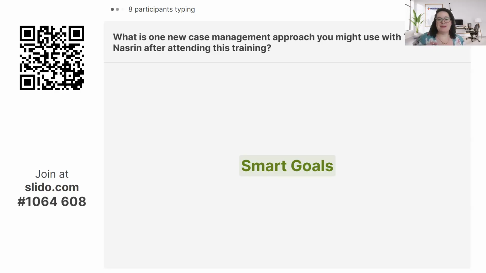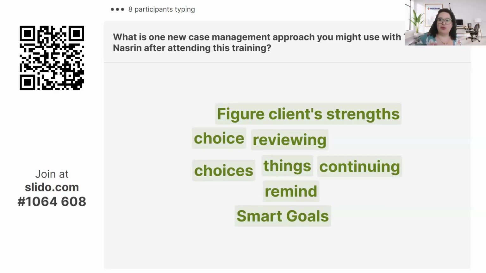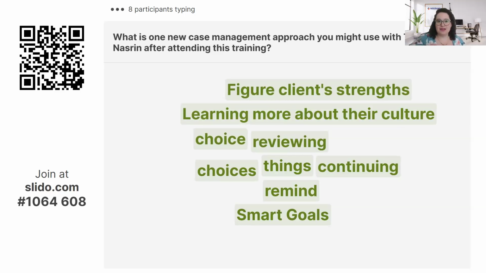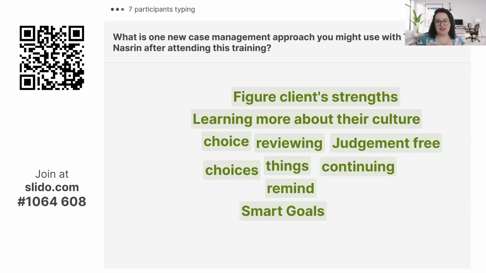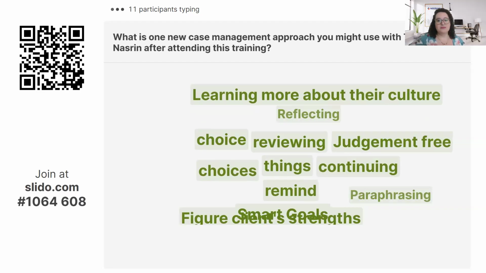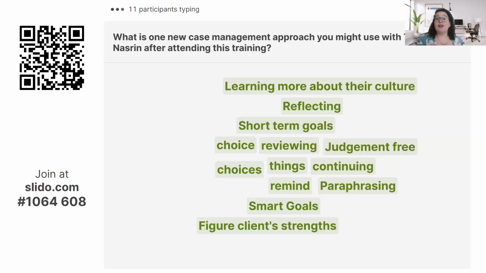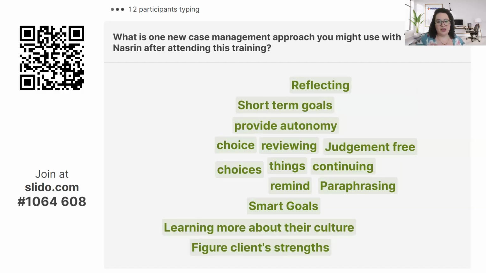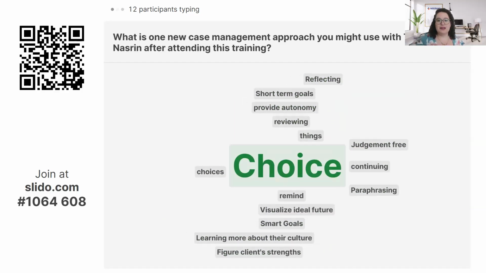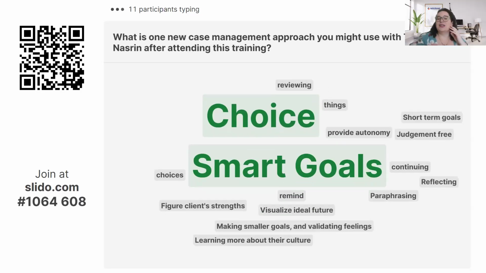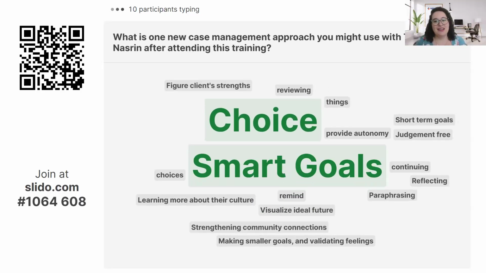Smart goals. Absolutely. How to make goals more effective. Reviewing choices, figuring clients' strengths, learning more about their culture, choice, absolutely. Judgment free, beautiful. Reflecting, paraphrasing, continuing, providing autonomy, choice is growing, that's great.